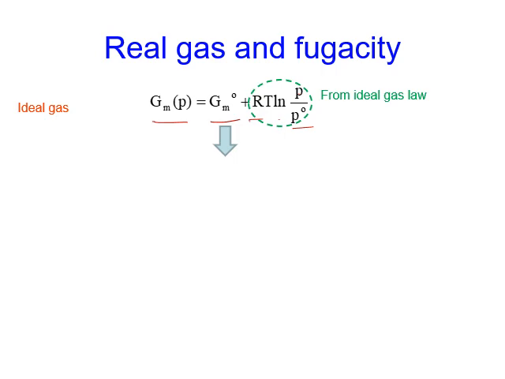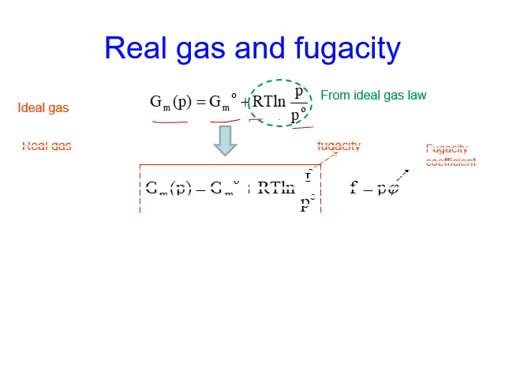What if it's not an ideal gas? For non-ideal gas, we still keep the same format: molar Gibbs energy at a certain pressure equals standard state molar Gibbs energy, but now the pressure is replaced by a term called fugacity, so ln fugacity divided by 1 bar.